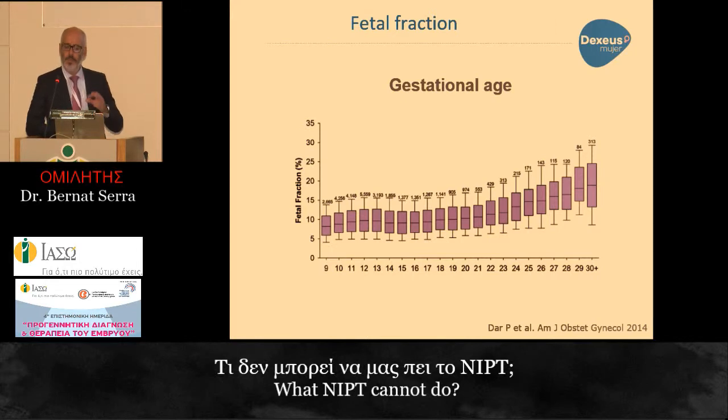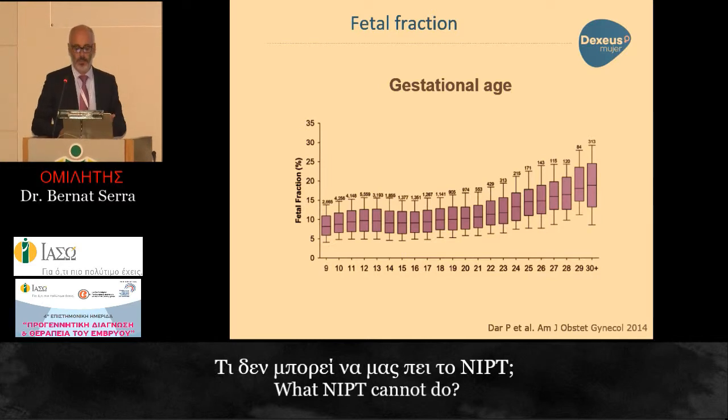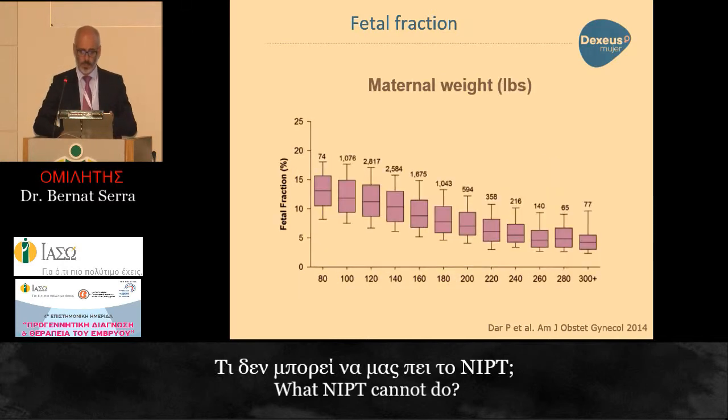So fetal fraction is usually quite low at very early gestational ages, and this increases with gestational age. Therefore, although the laboratories tell us that we can start doing NIPT as early as 9 or 10 weeks of gestation, I would recommend you to perform the NIPT starting at 12 or 13 weeks of gestation to avoid low fetal fractions.